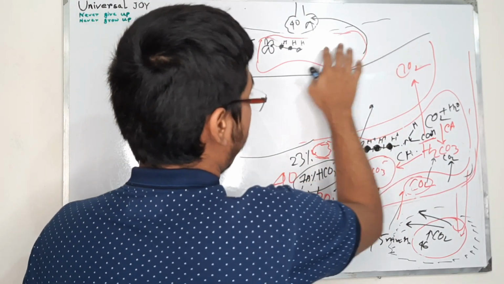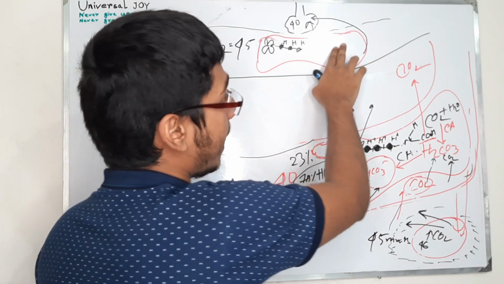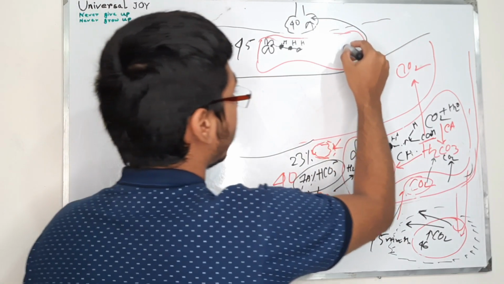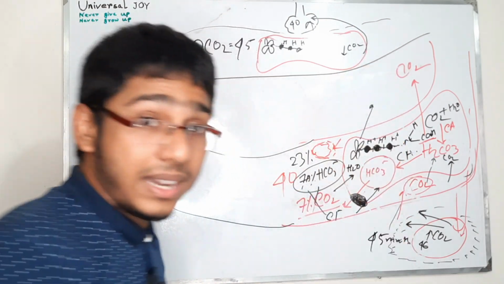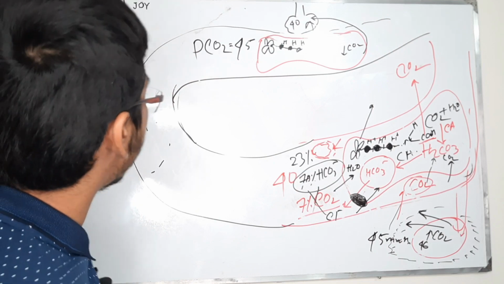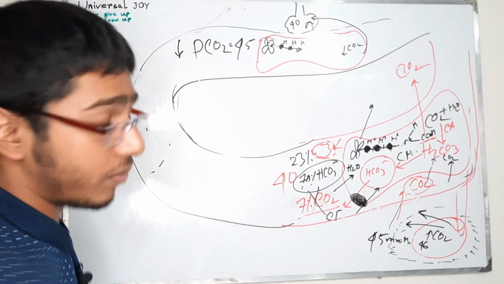As carbon dioxide from the RBC is moving into the lung alveoli, there will be a constant decrease of the carbon dioxide. And if there is a progressive decrease of the carbon dioxide, then definitely there will also be a progressive decrease in the partial pressure of the carbon dioxide.